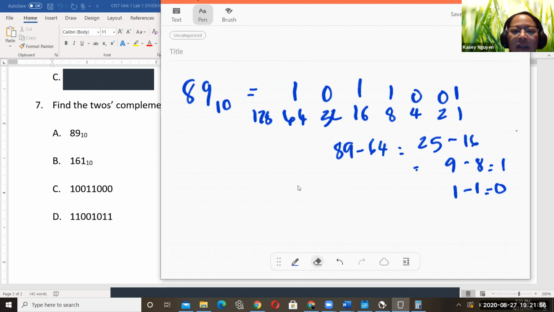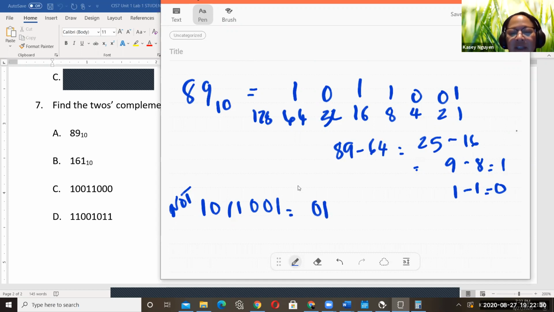Okay, so here is our binary value. It's 1 0 1 1 0 0 1. That's our result from 89 decimal. Then when you not this, or flip the bit, I call it, a lot of textbooks call it that way too, you're going to get 0 because the first bit is on, so it's going to switch that off, and the 0 is going to become the 1.